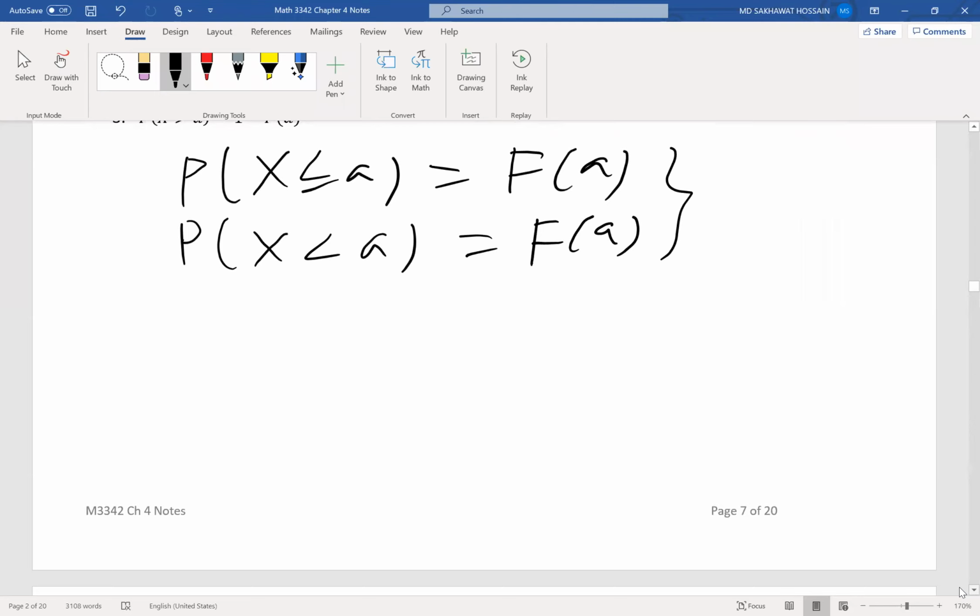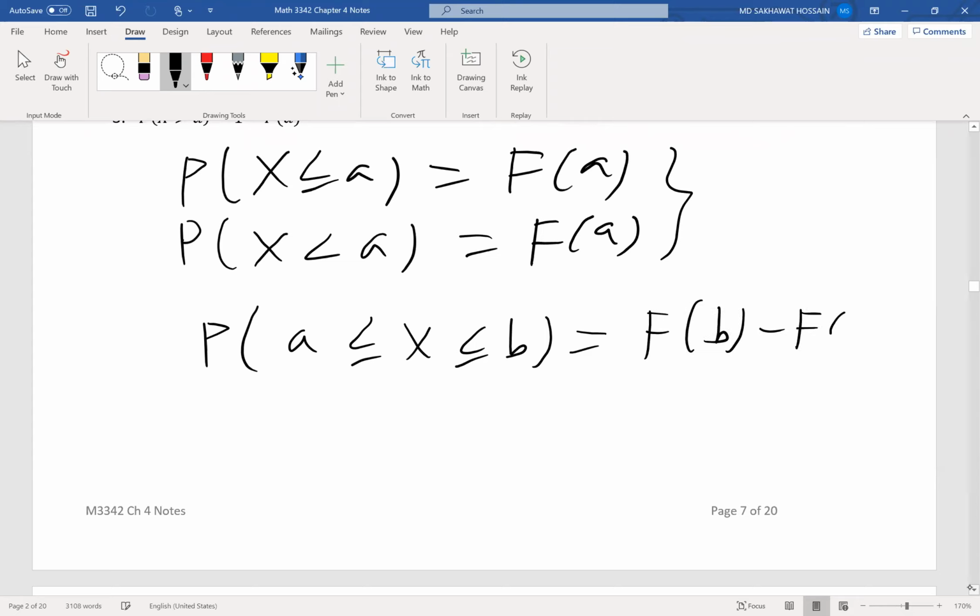And if you have the probability of a ≤ X ≤ b, then it will actually be F(b) minus F(a). So why F(b) minus F(a)? Suppose this is our a, this is our b.